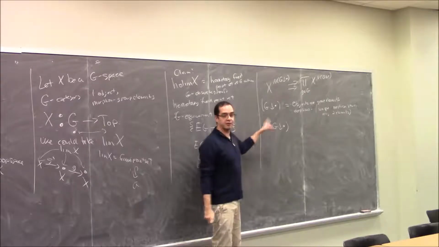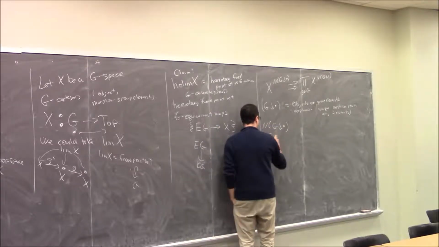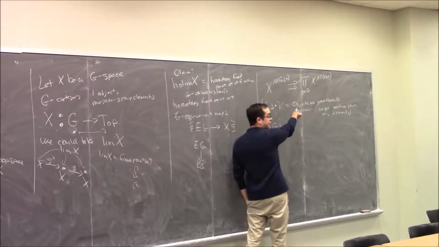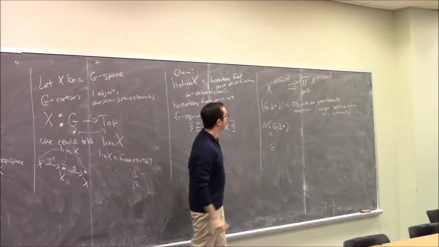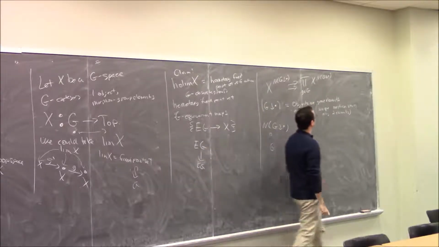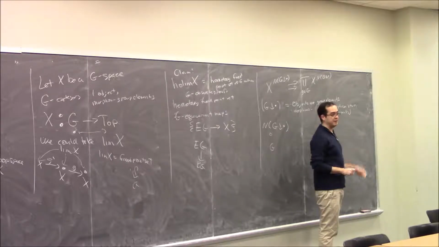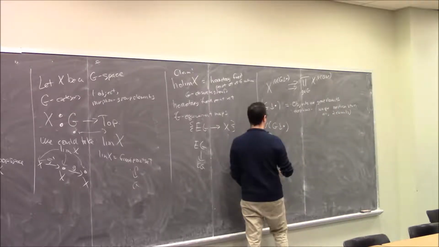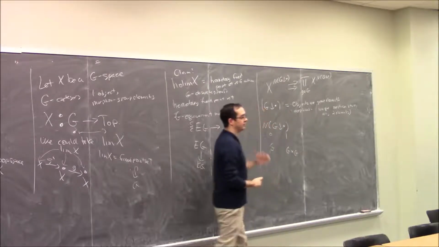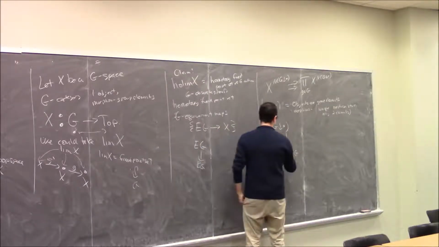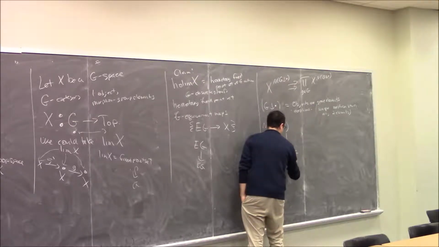Okay, so let's take a look at the nerve as a simplicial set. In degree 0, those are just the vertices here, so that's just G. In degree 1, I have G cross G, unique elements.